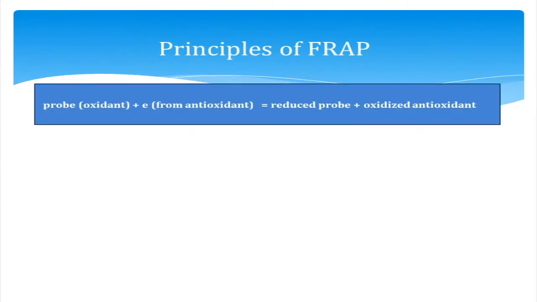What is the principle of FRAP? The principle of FRAP is that they involve two components in the reaction mixture, antioxidant and oxidant, which is also called the probe. The probe abstracts an electron from the antioxidant, causing a color change of the probe.